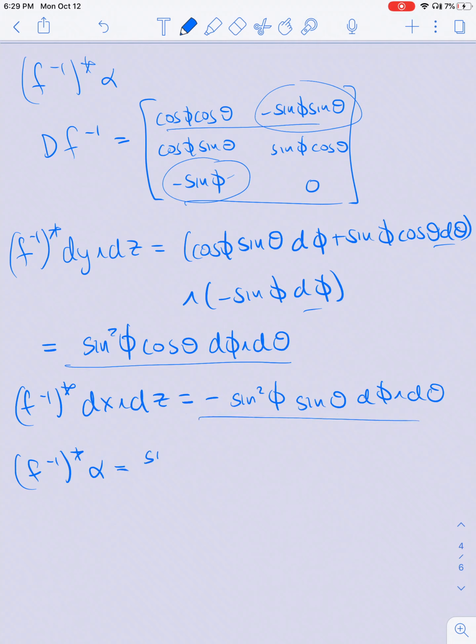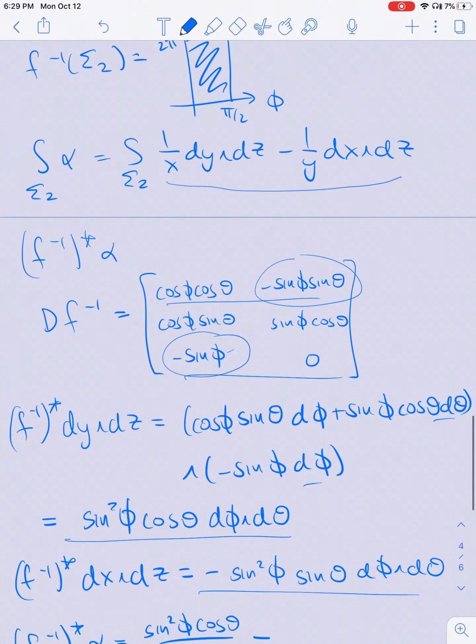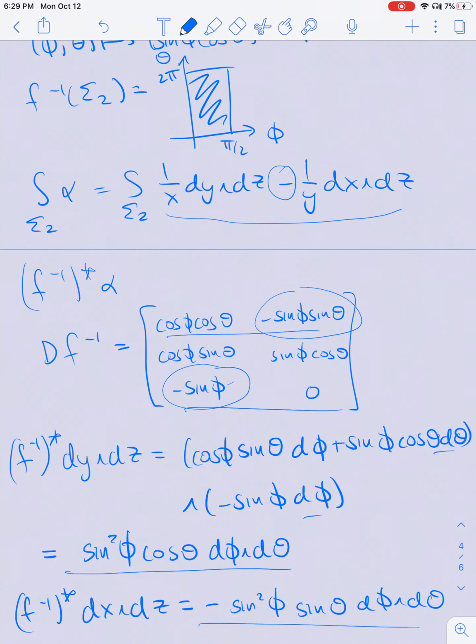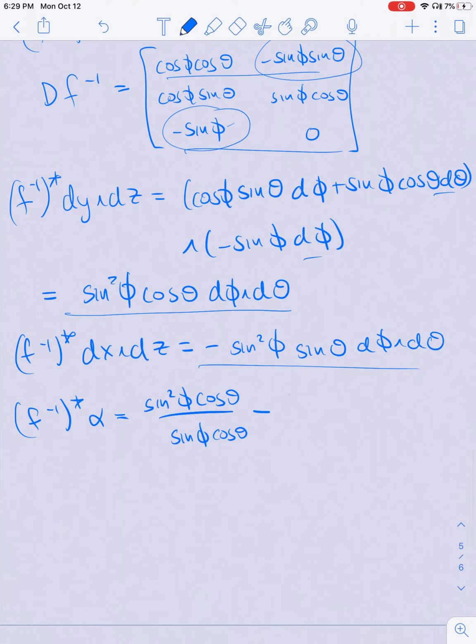So this is going to be sine squared phi cosine theta divided by sine phi cosine theta, minus, I'm subtracting, right, because alpha has a minus sign in it, negative sine squared phi sine theta over sine phi sine theta. And this is all the coefficient of d phi wedge d theta.